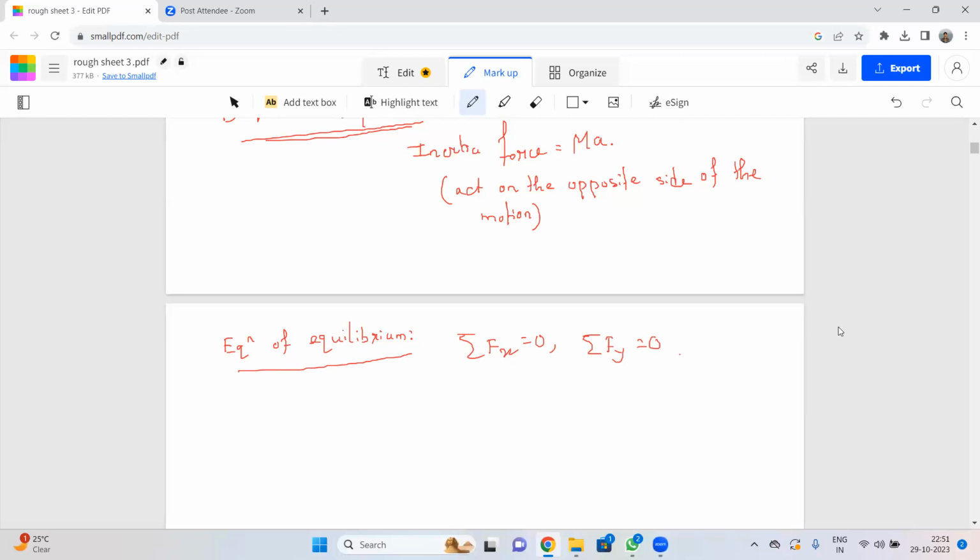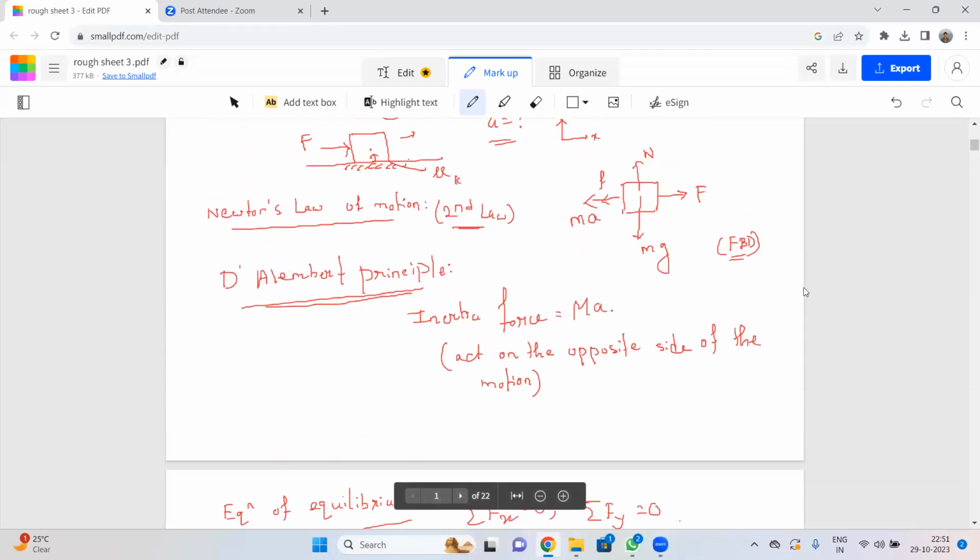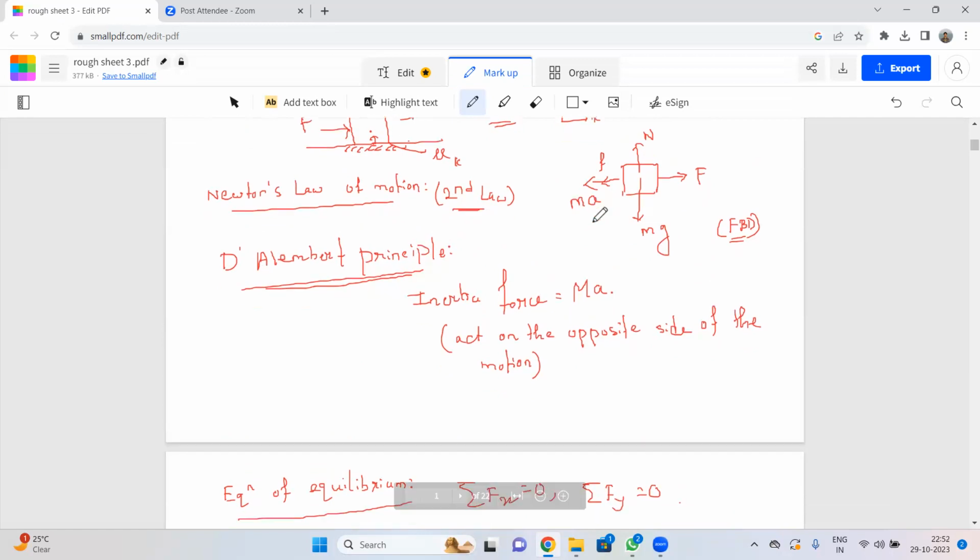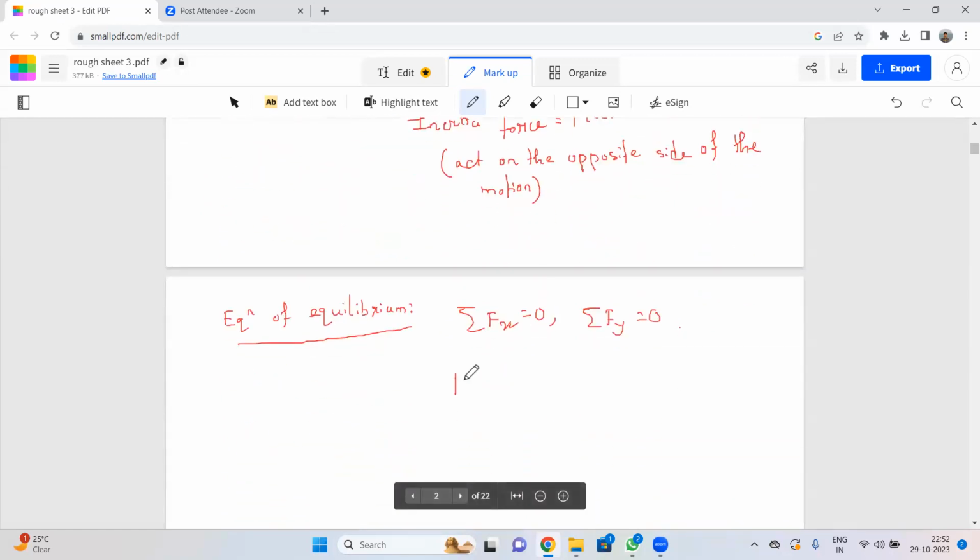If we do first the x direction, in the positive direction we have capital F, and in the negative direction we have small f and ma, so F is equal to f plus ma.